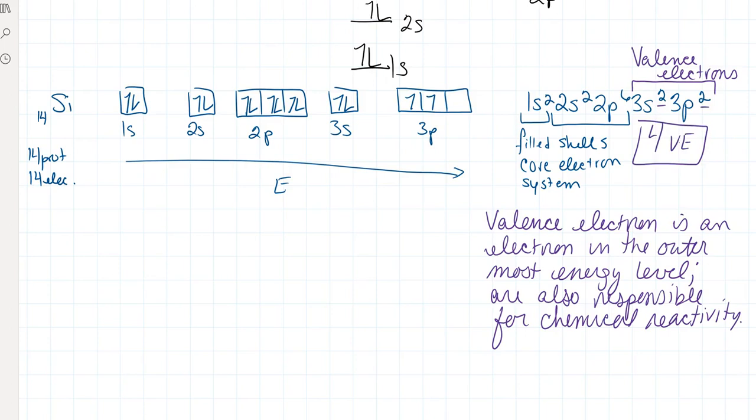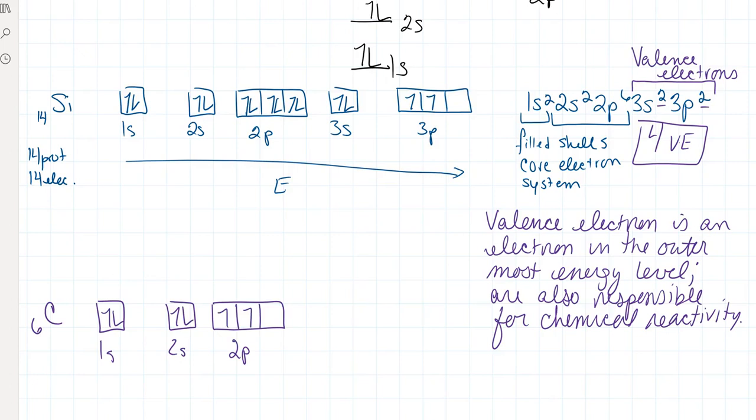Same thing when I take a look at carbon. Carbon has an atomic number of 6, and I'll see that it follows a similar pattern. Here's my 1s, my 2s, and the 2p. But carbon only has 6 protons and 6 electrons, so I fill them in accordingly.